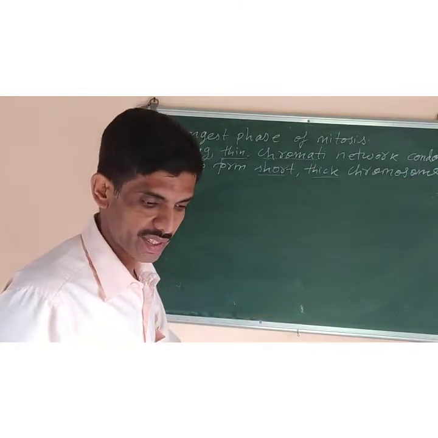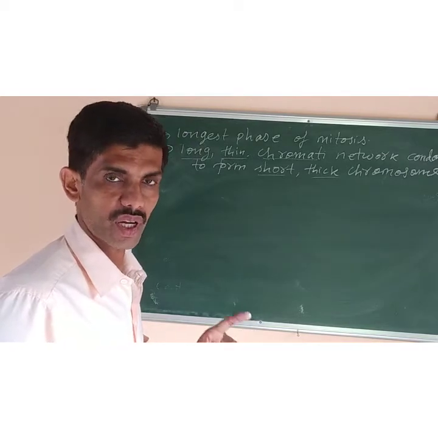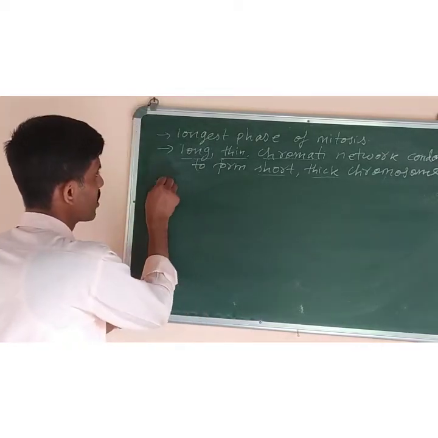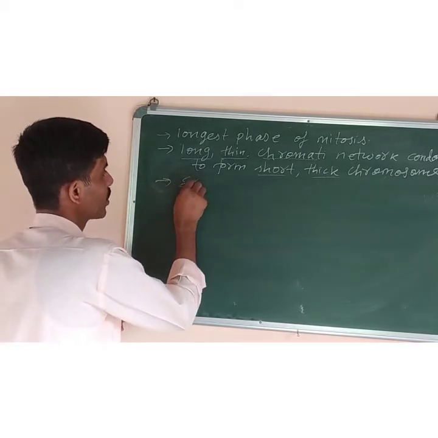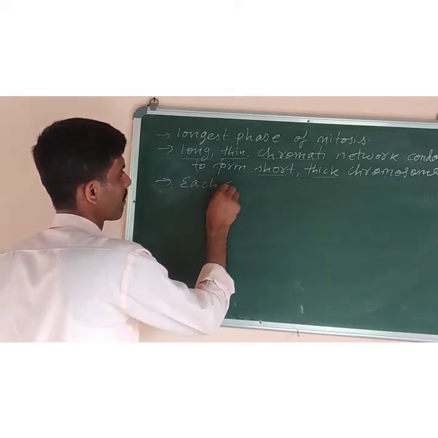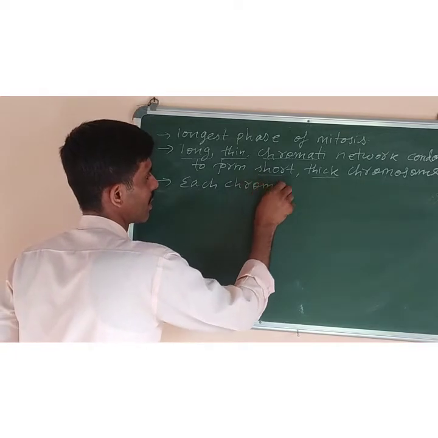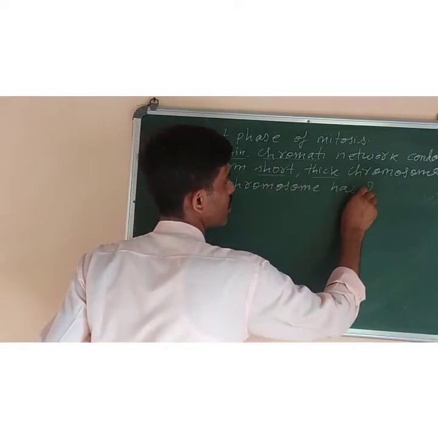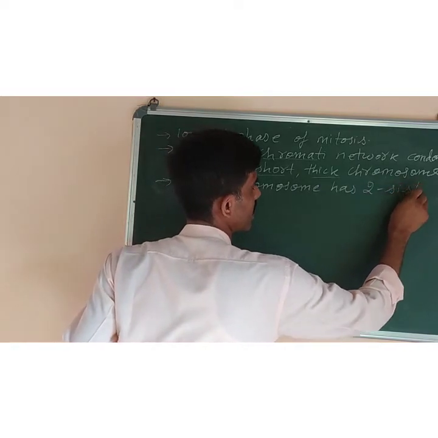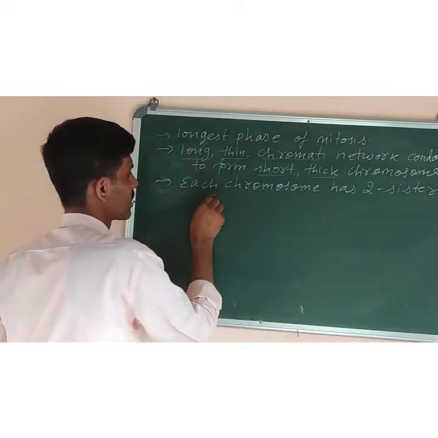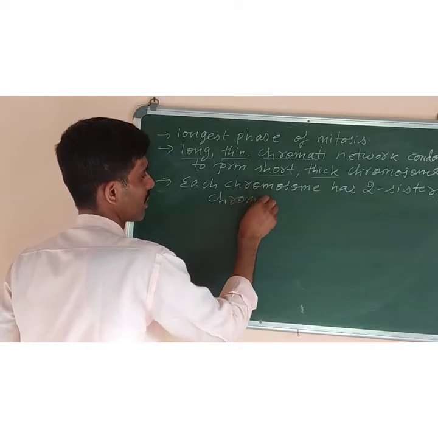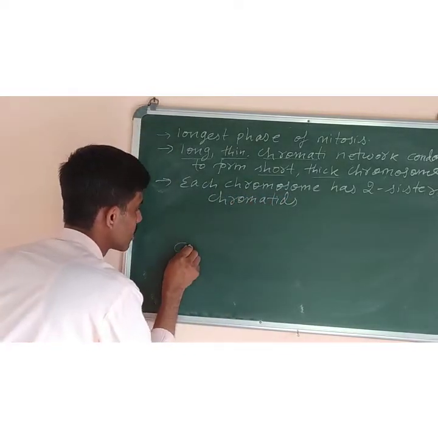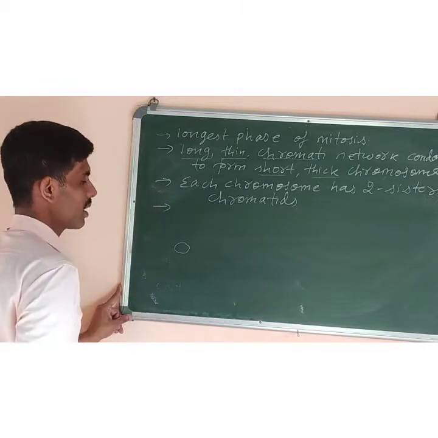Okay? Now the next point: each chromosome has two sister chromatids. First I will draw and show it also. Now look at the diagram, then you will understand. This is the centromere.